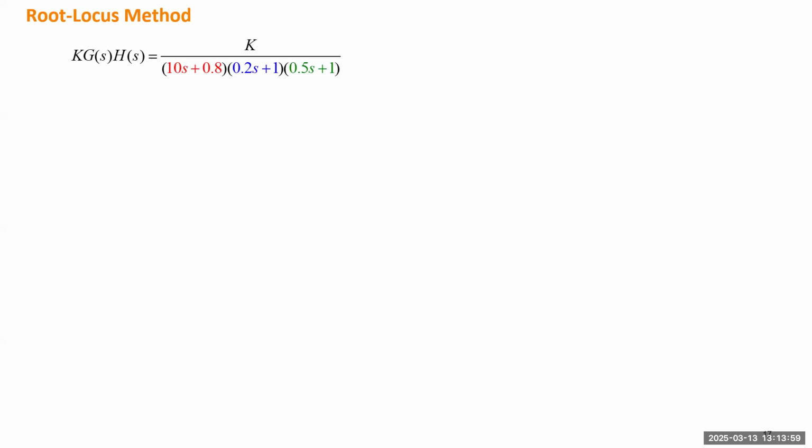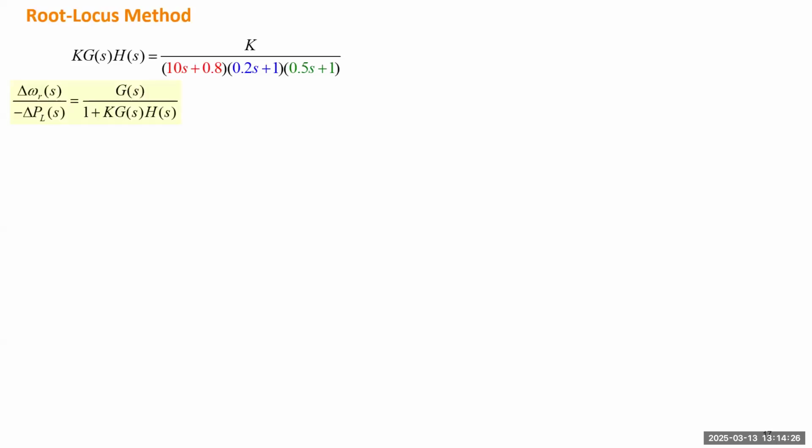So this is the open loop transfer function. I colored the 3 factors. Each will give you 1 root to make the denominator be 0. So those 3 roots will tell you the 3 poles of the open loop transfer function, not the closed loop transfer function.